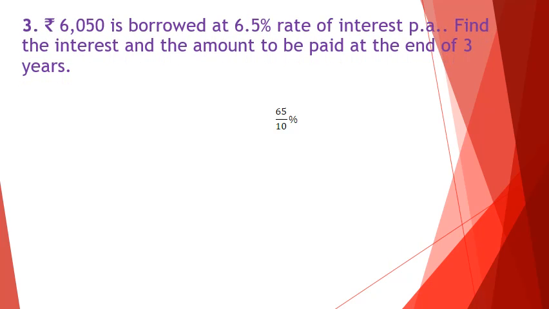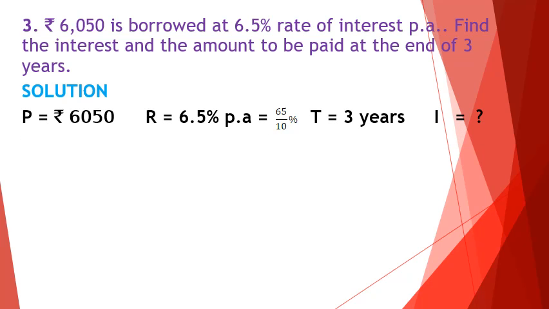Next question. Rupees 6,050 is borrowed at 6.5% rate of interest per annum. Find the interest and the amount to be paid at the end of 3 years. So, as usual, we can write what is given in the question. What is the borrowed amount? Rupees 6,050.